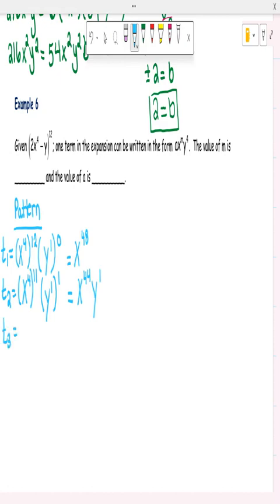Right now it looks like x is going down by 4, and y is going up by 1s. If you know beyond a reasonable doubt that that is what's happening, can I just write all my terms now if I wanted to, just following the pattern? Absolutely. That's what I would expect you to do. But I always do 3, just to confirm what I think I already know. So then x to the 40, y to the 2.